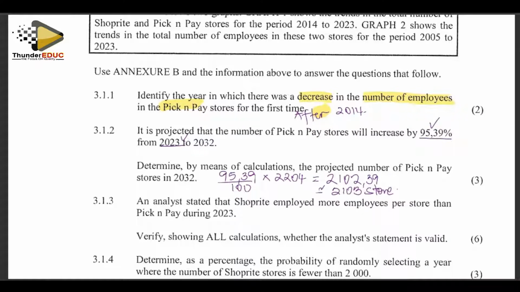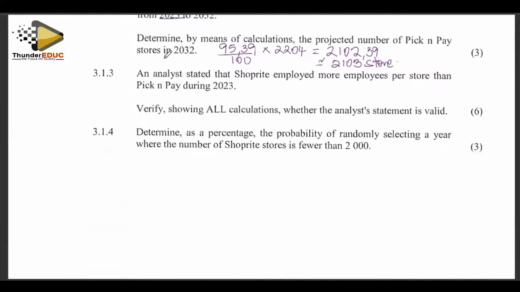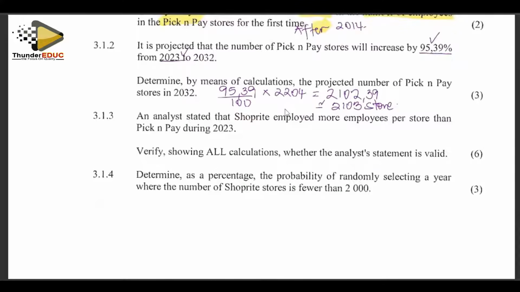Discrete data. All right. We look at that and we say, an analyst stated that ShopRite employed more employees per store than Pick and Pay during 2023. So take note of that, we are looking for employed more per store.